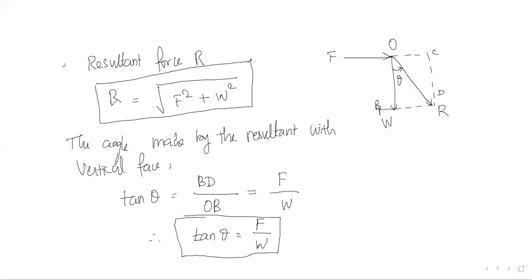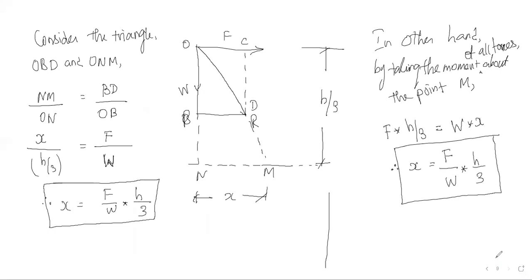The resultant force R is equal to root under F squared plus W squared. The resultant force direction is tan theta equal to F by W. Then the distance of the resultant force from the line of action of the weight of the dam is x, so x is equal to F by W into H by 3. These are the formulas we are going to use for the problem.